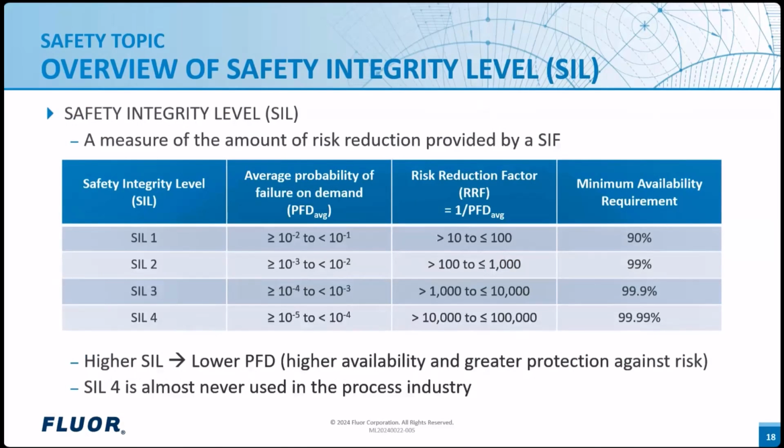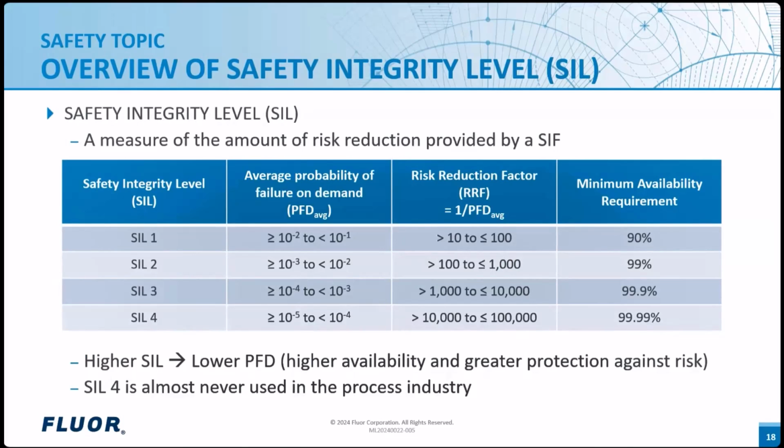Each SIF has an associated average probability of failure on demand, or PFD average. This is the likelihood that a SIS component will not be able to perform its safety action when called upon to do so. The PFD is related to the safety integrity level, or SIL. There are 4 possible safety integrity levels: SIL 1, SIL 2, SIL 3, and SIL 4.